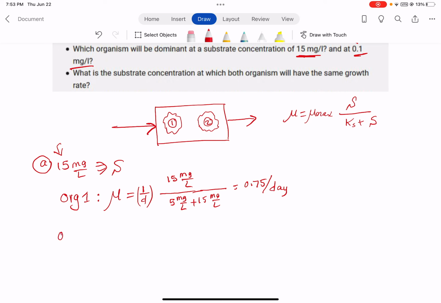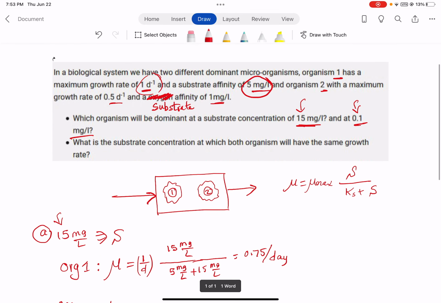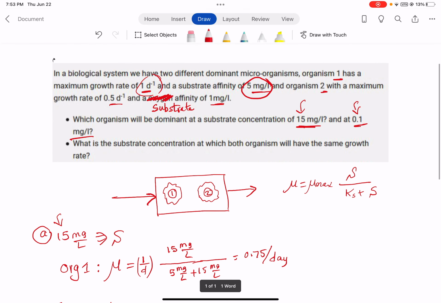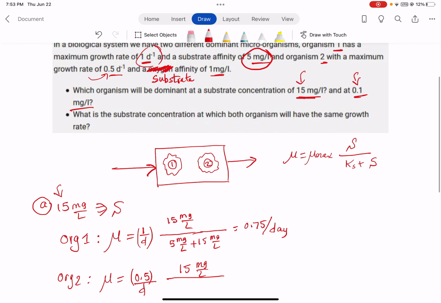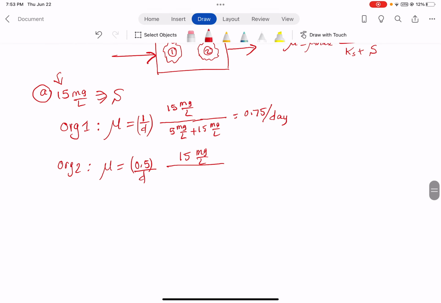Let's look at organism 2. Mu, and the mu max for organism 2 is 0.5 per day. It's a little bit smaller. Times the substrate that we are having, the food in the system, 15 milligram per liter, over what was the substrate affinity? It's 1 milligram per liter for organism number 2, plus 15 milligram per liter.